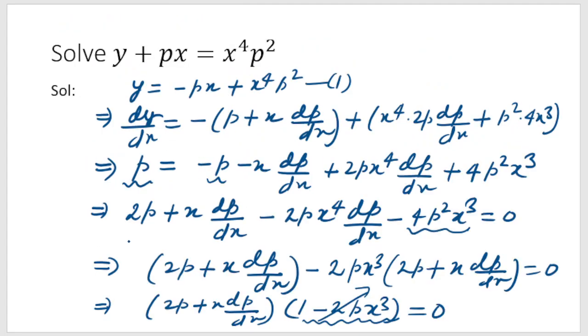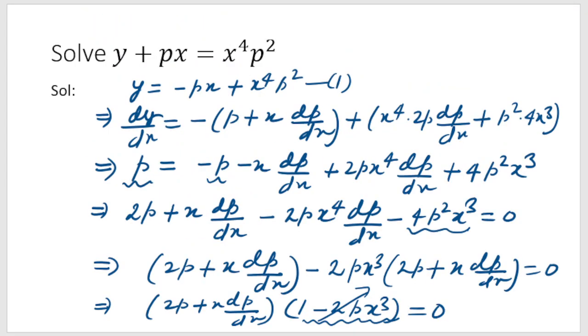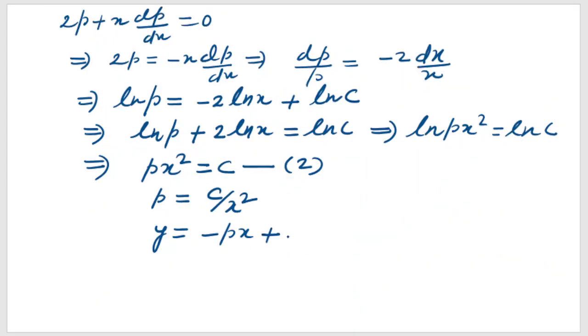So the original equation is y is equal to minus px plus x to the power 4 into p square.